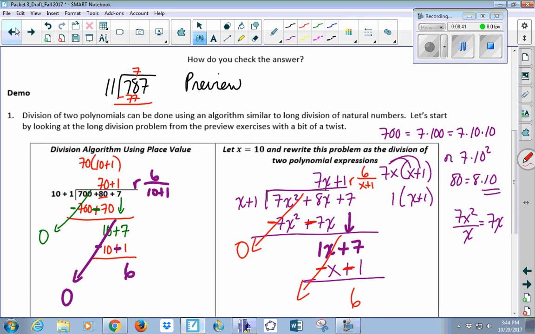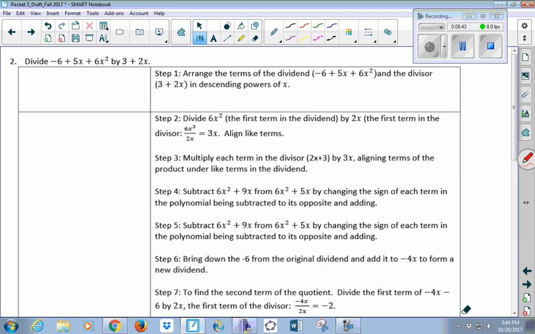All right, so let's bring this together with another algebraic problem, and we will go step by step again. So here we have a quadratic expression, and we're dividing it by a linear expression, just like we did a few minutes ago. So the first thing you always want to do is arrange the terms of both your dividend and your divisor in descending order.